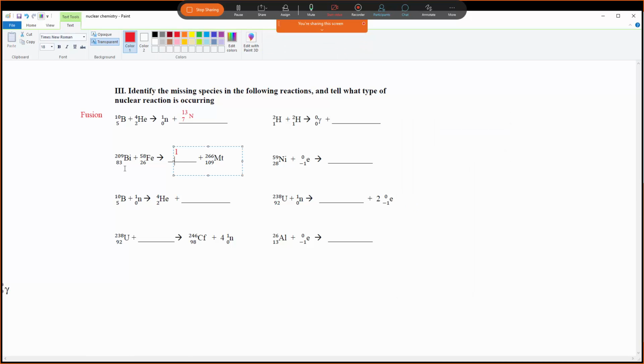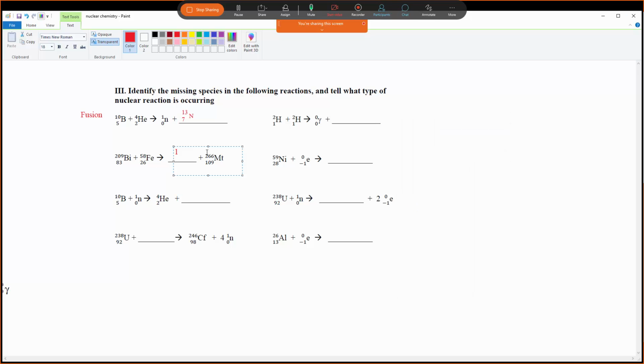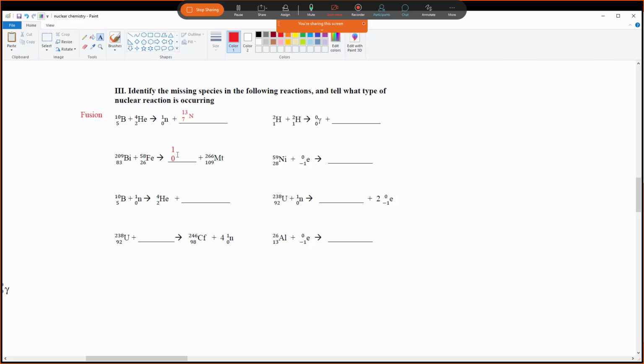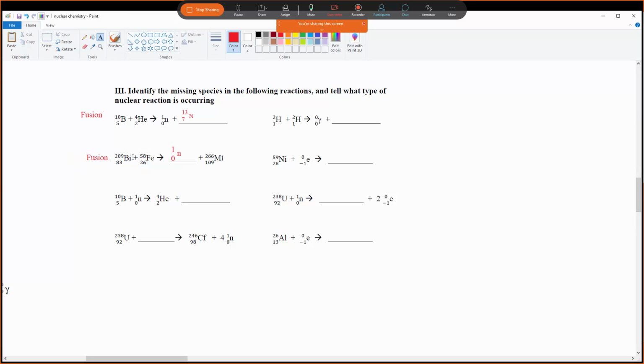And then 83 plus 26 on the left-hand side equals 109, which is what I already have on the right-hand side. So that's going to be a 0. And a species with a mass of 1 and a charge of 0 is a neutron. Is this fission, fusion, or electron capture? Yeah, fusion. This is a little bit easier to see. 209, 58 versus 266 in the product.